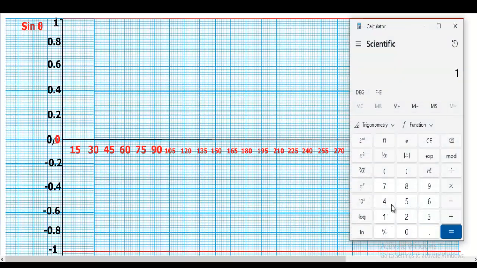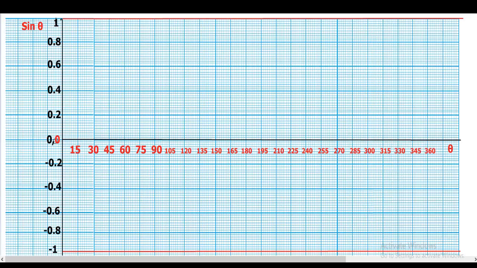First, sine 15 would be 0.25 approximately here at this point.